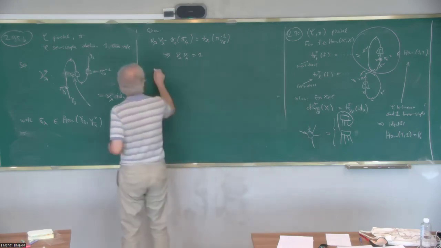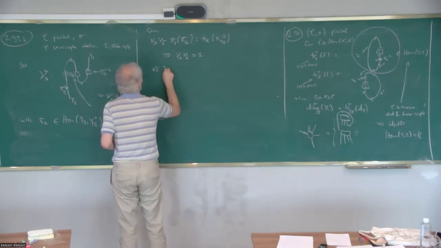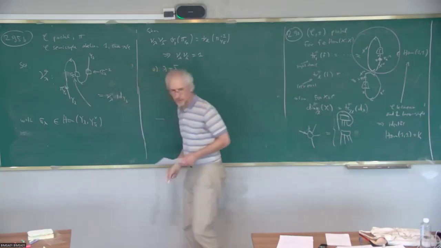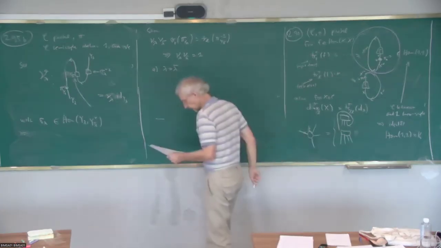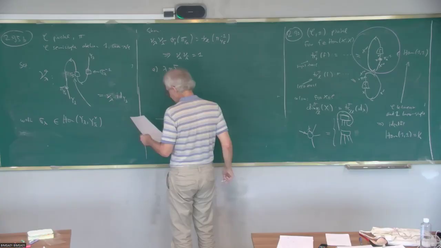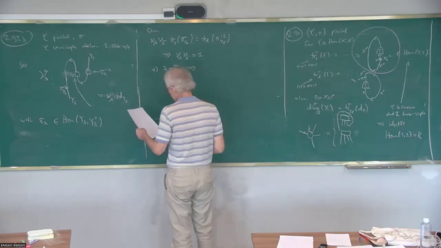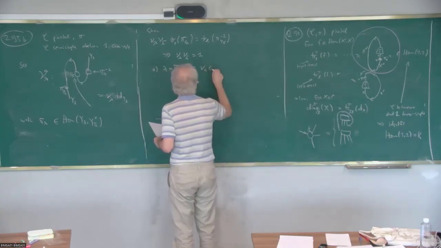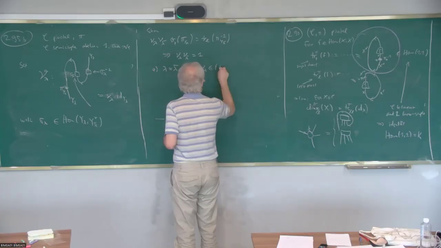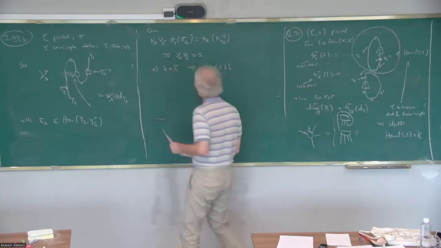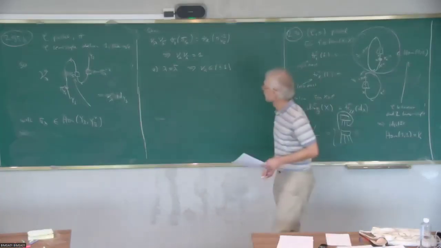And then there are two possibilities. If lambda is equal to lambda bar, so the object y lambda is isomorphic to its dual, then nu lambda squared has to be 1. So nu lambda has to be plus or minus 1.